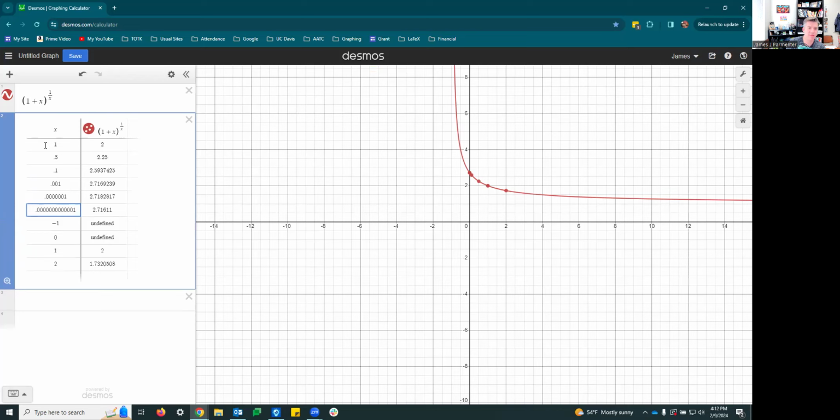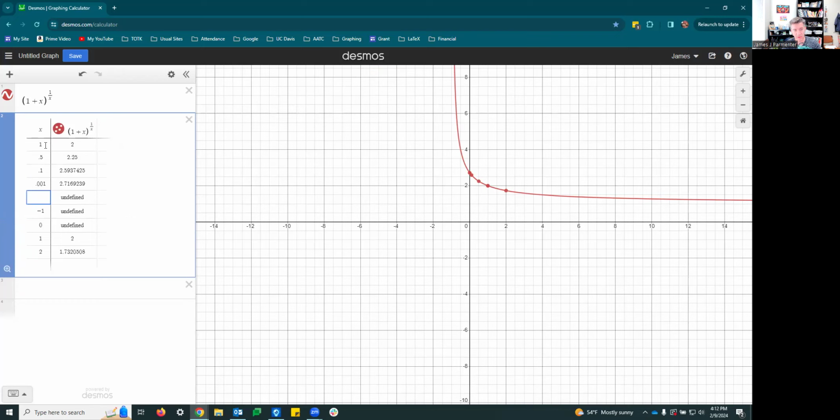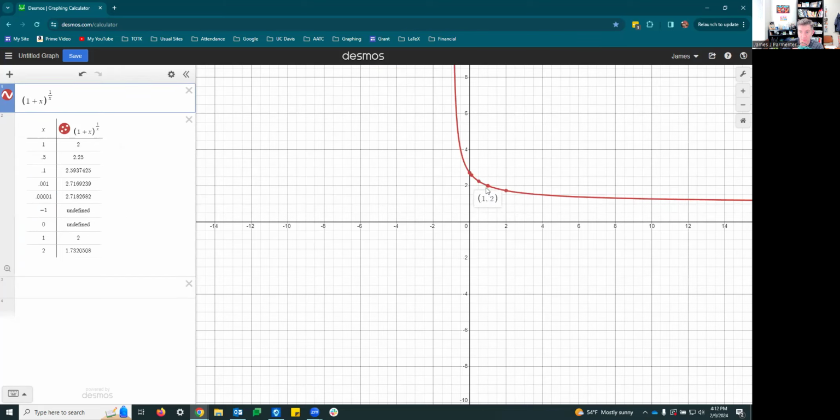Oh, that's weird that it got further. That seems like an anomaly there. Sometimes calculators do weird things, but that's the idea. This expression (1 plus x) to the 1 over x, as x gets closer and closer to 0, the values get closer and closer to e.